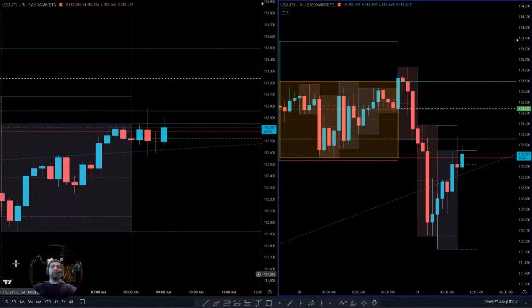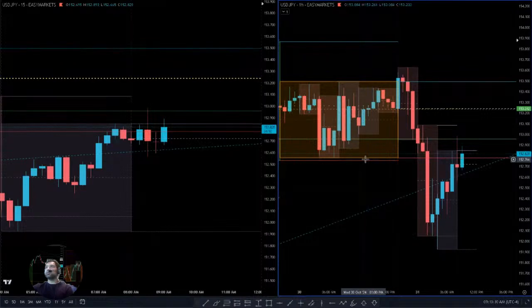Okay guys, what we are looking at right now is how the price is actually reaching towards in here.